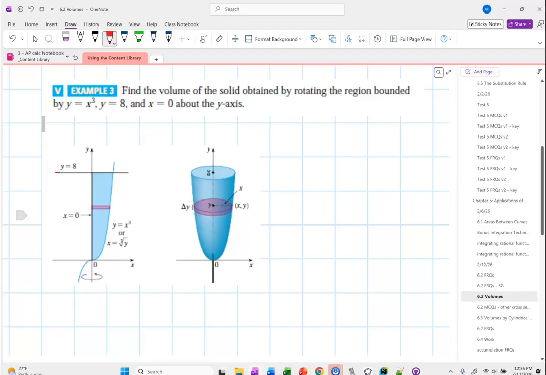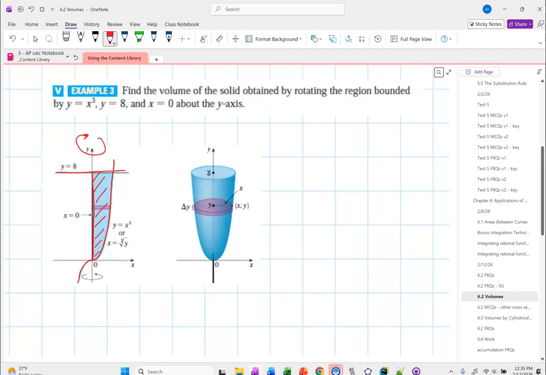So again, we have y equals 8, x equals 0, and then my curve y equals x cubed. So this is our shaded region, and we're rotating this time about the y-axis. Everybody's okay there?